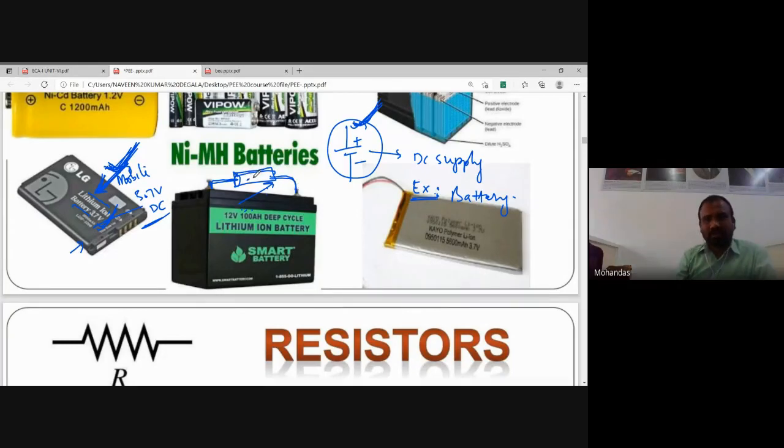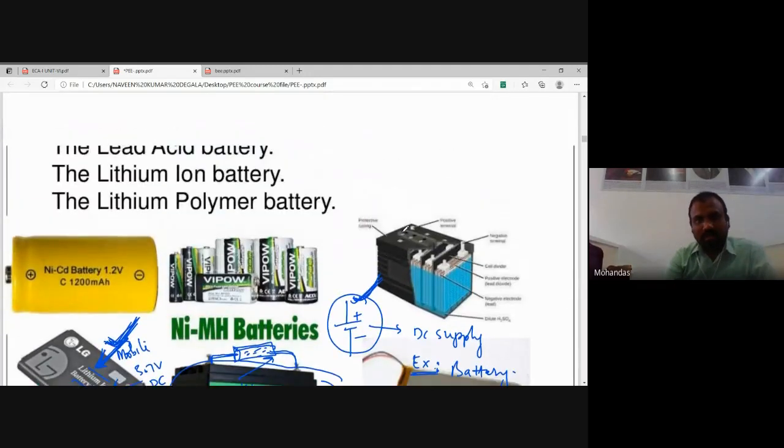This conductor has many free electrons. This entire battery is going to be represented as this symbol. This symbol means battery. So this is the DC supply.